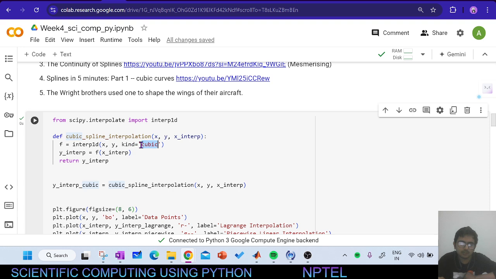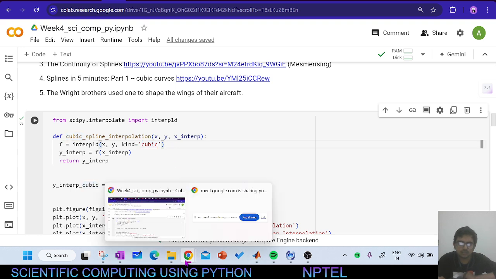This kind variable can take different values, so all the popular splines should be here. Is it what you are asking?